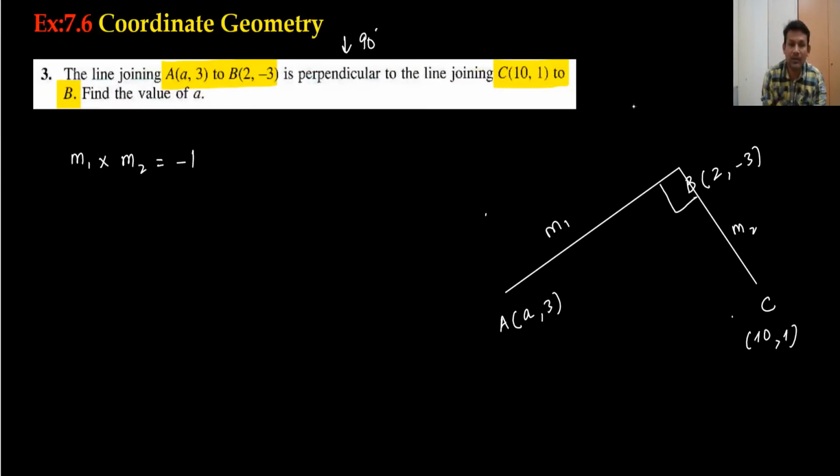Very simple. The gradient M1 we can find using the formula of the gradient, y2 minus y1 divided by x2 minus x1.